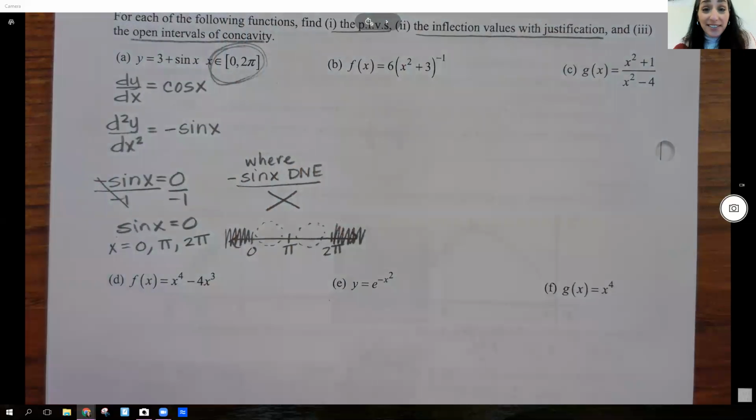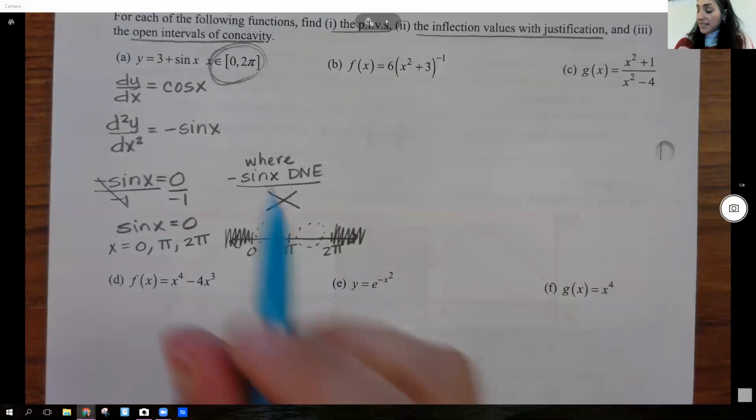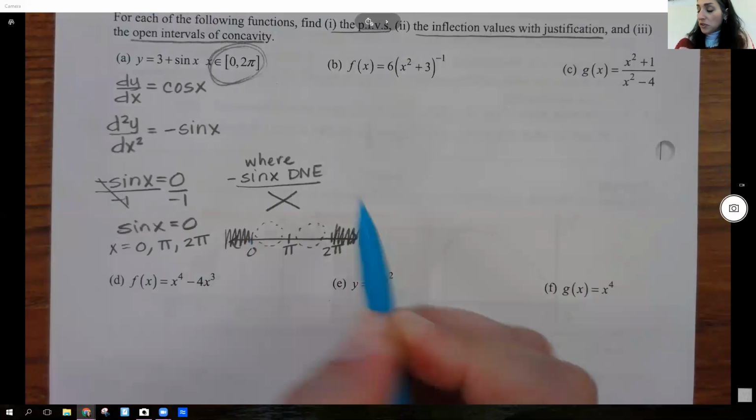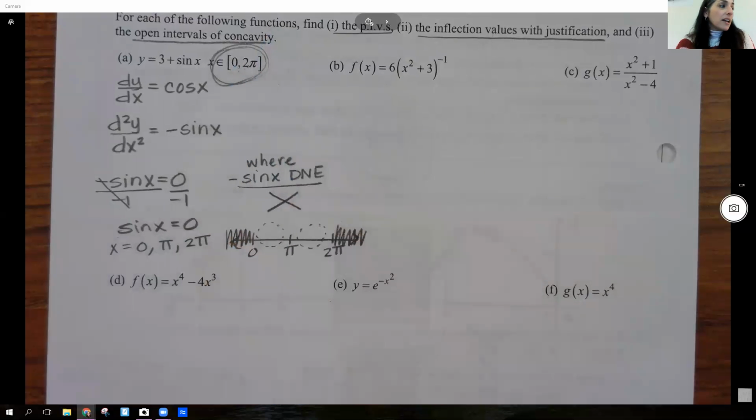And if you can picture a sine function in your mind, remember that just keeps going over and over again. We're looking for possible points of inflection, so they're going to end up on that. But we really don't have to test anything less than 0 or greater than 2 pi because of this restriction right here. So we should put something in between 0 and pi. How about pi over 2?